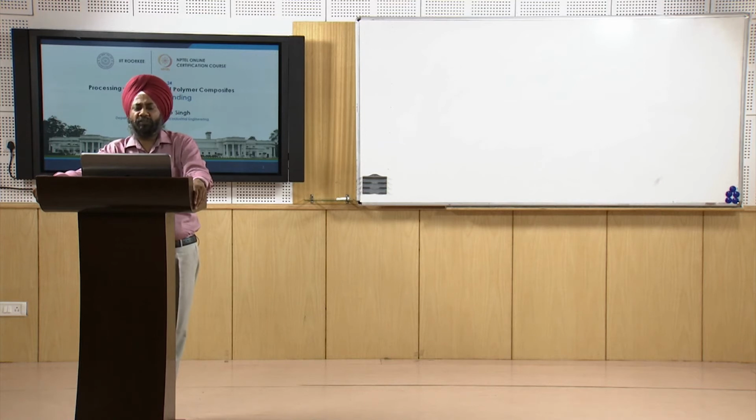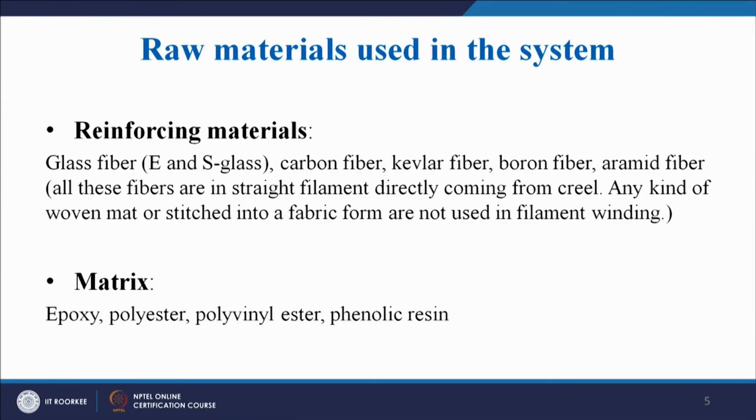Any kind of woven mat or stitched mat in the fabric form is not usually used in the filament winding process. But yes, the process can be modified from the fundamental or the conventional system. The woven mat and chopped strand mats etc. are not used, but we can modify the process and we can try to use a similar process for continuous fibers or the woven mat also.